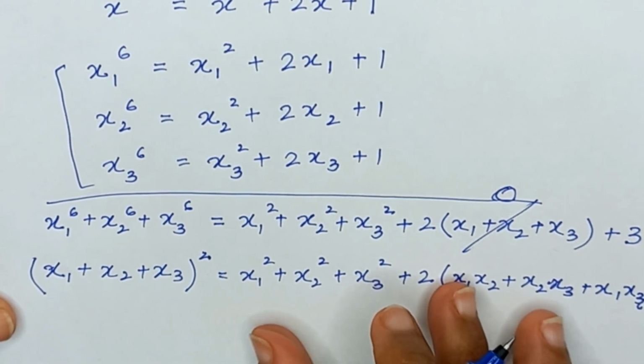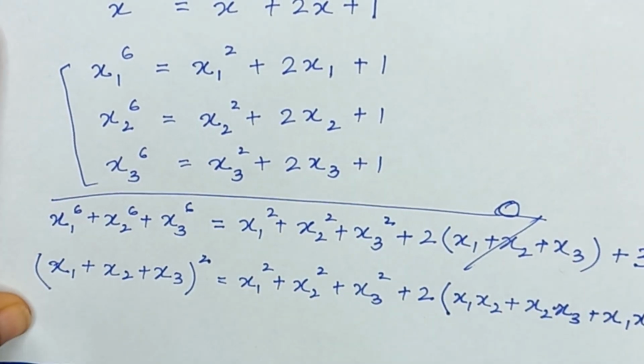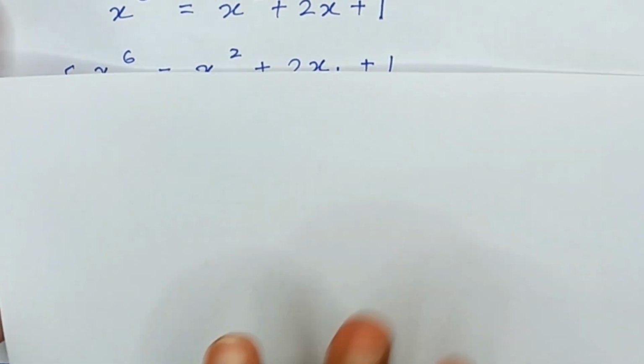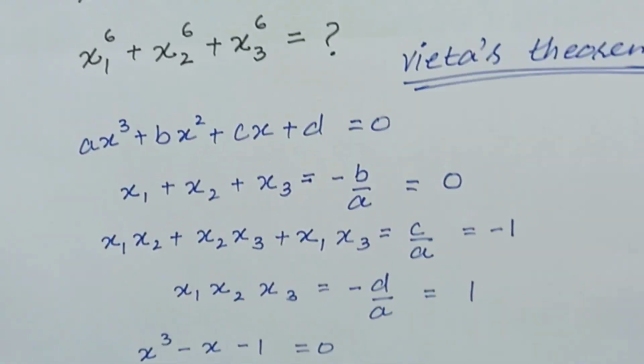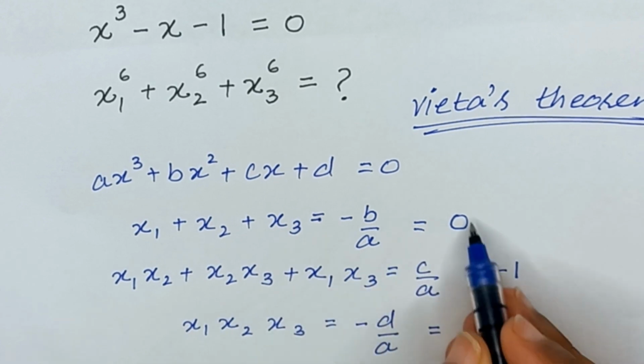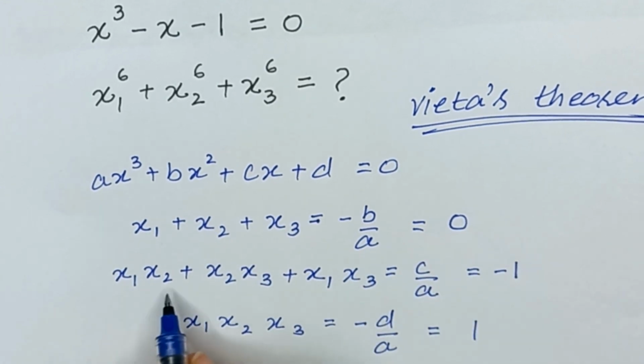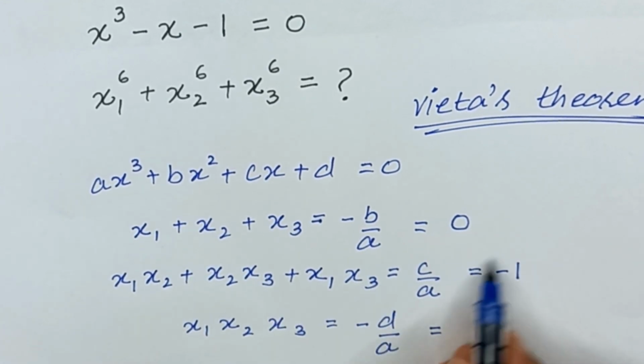Now I will substitute the given values. We have x1 plus x2 plus x3 is equal to 0, and x1 x2 plus x2 x3 plus x1 x3 is equal to negative 1.